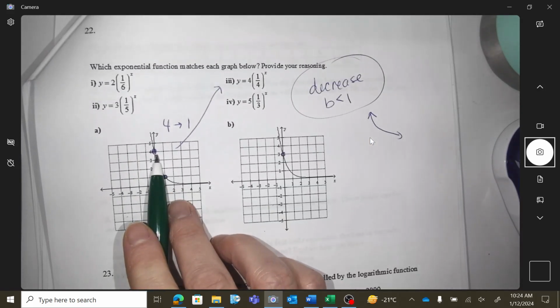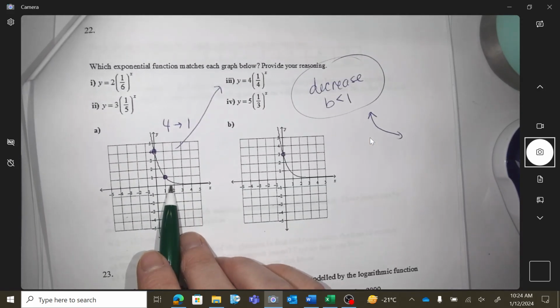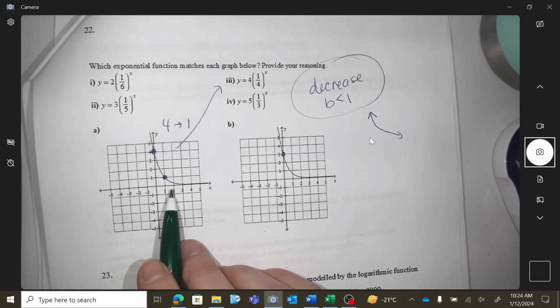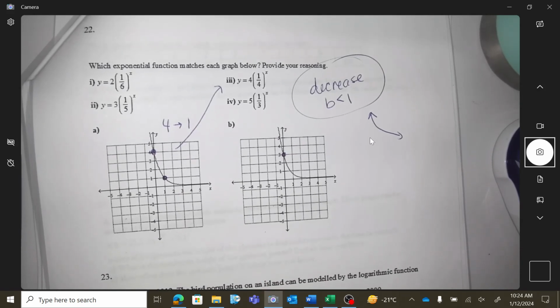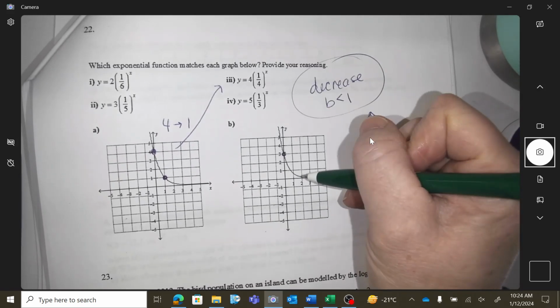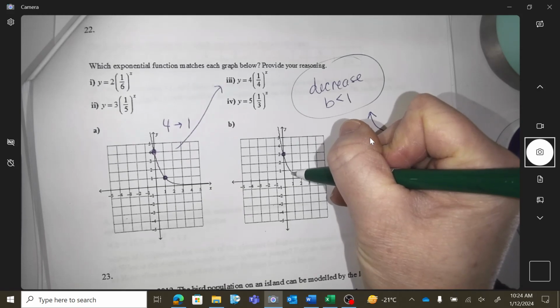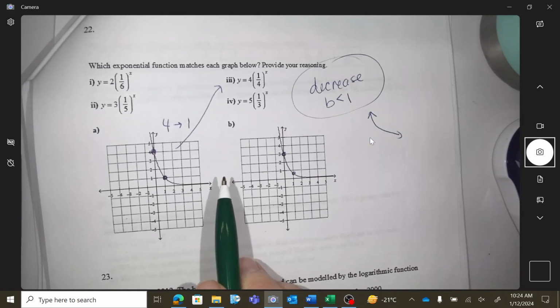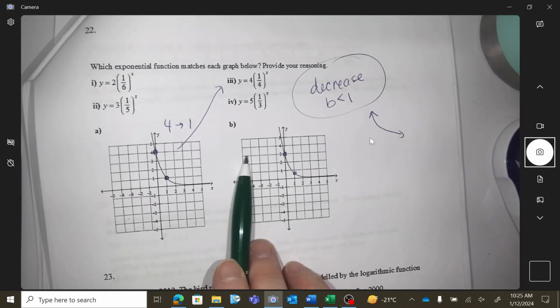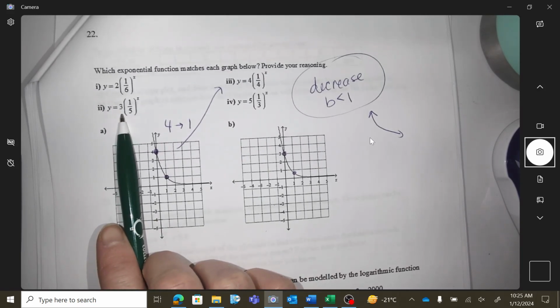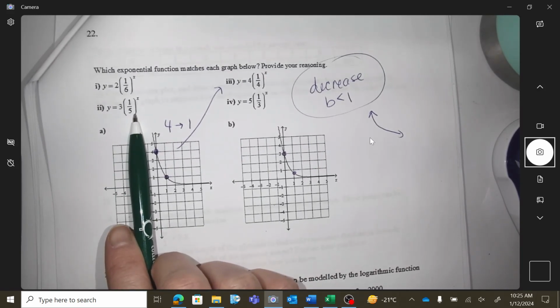We went from a population of 4 to a population of 1. That's a quarter of the population the next day. Decreasing. Would this one match? Did you start a population at 3 and the next day it's 1/5 of the population? Yeah.